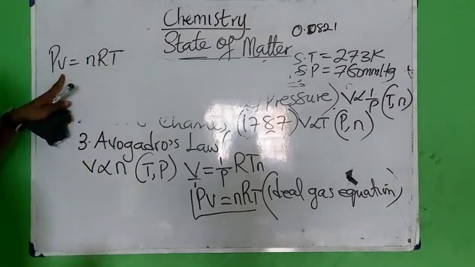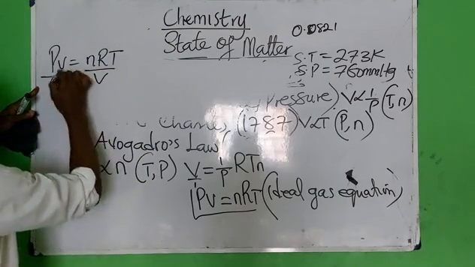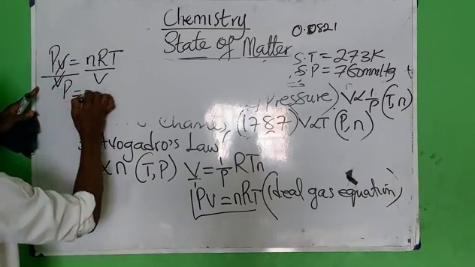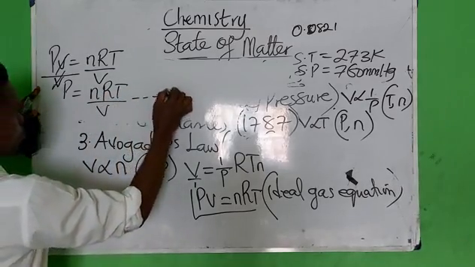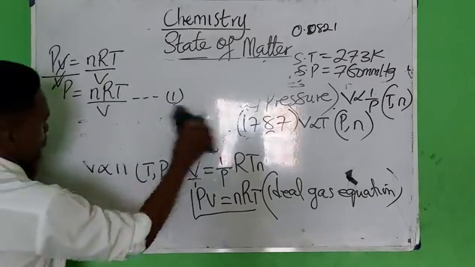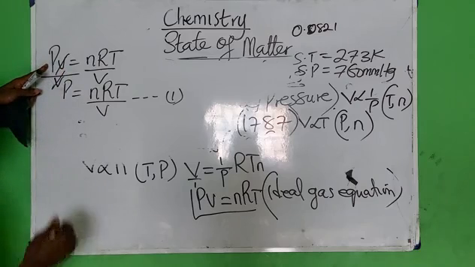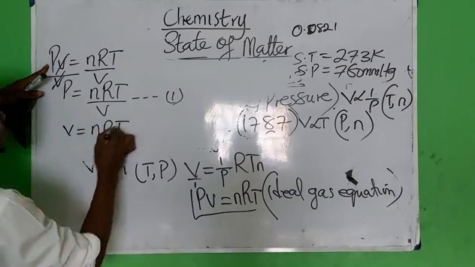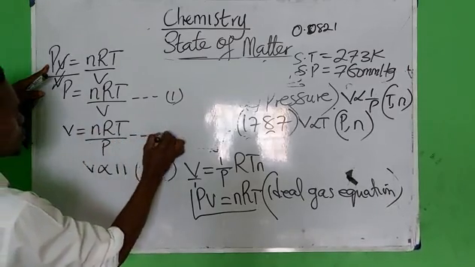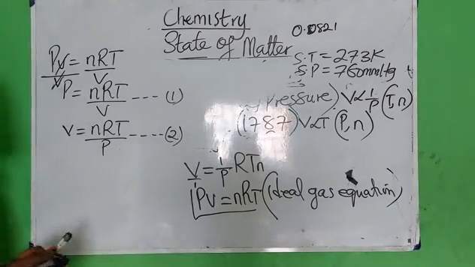If I want to make P the subject, I'll divide both sides by V, which means P equals nRT over V, equation 1. If I want to make V the subject, I'll divide both sides by P. It therefore means V equals nRT over P, equation 2.